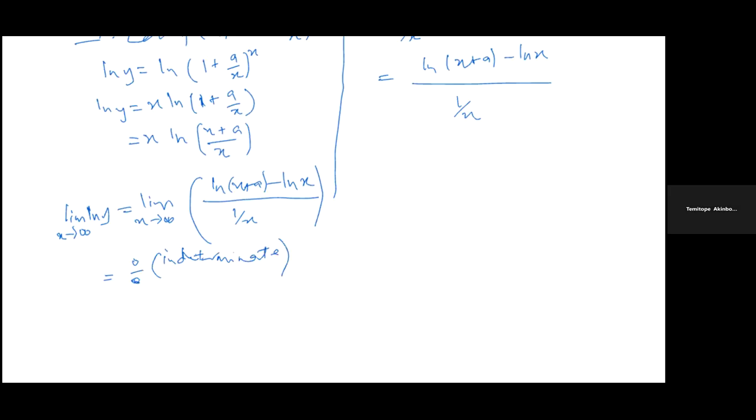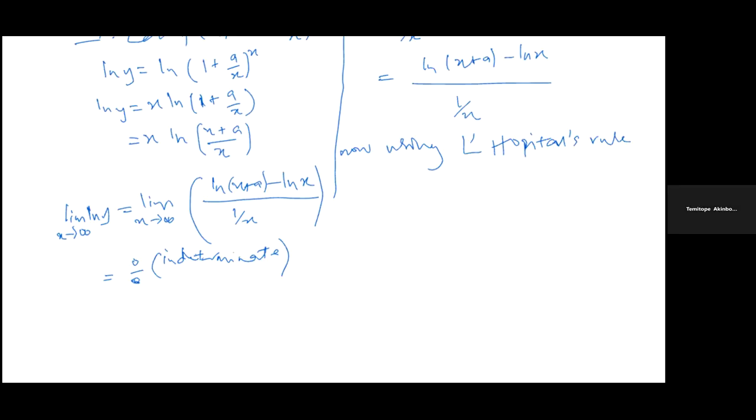So we have to do something about that. Now, using L'Hopital's rule, what does L'Hopital's rule say? L'Hopital's rule says if you have the limit of a rational function of this type, you differentiate both numerator and denominator separately.